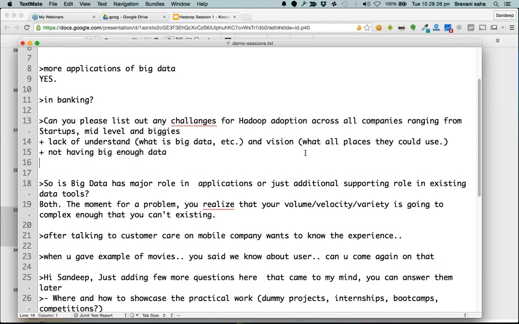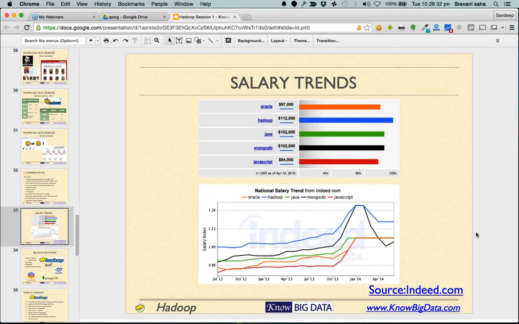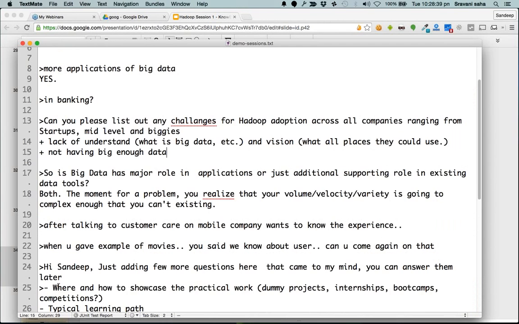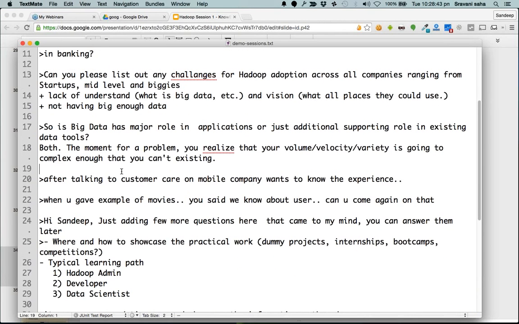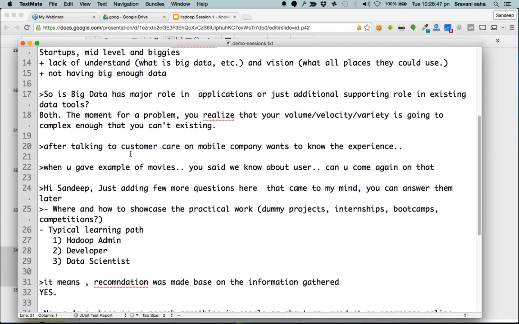These are the two. Basically, lack of education is what I see as the problem. All right, so that is answered.